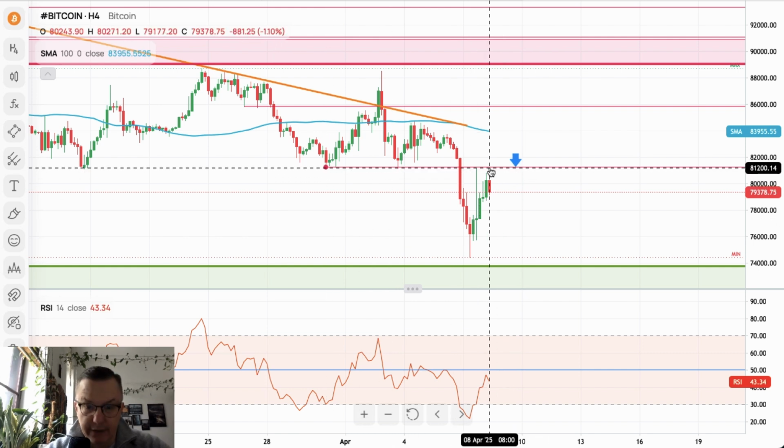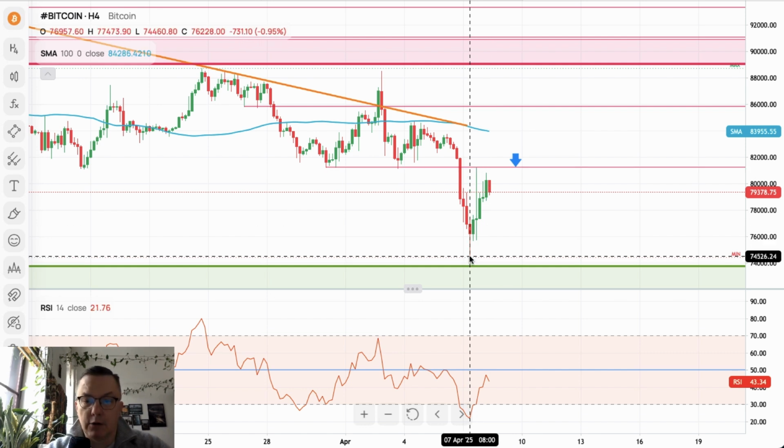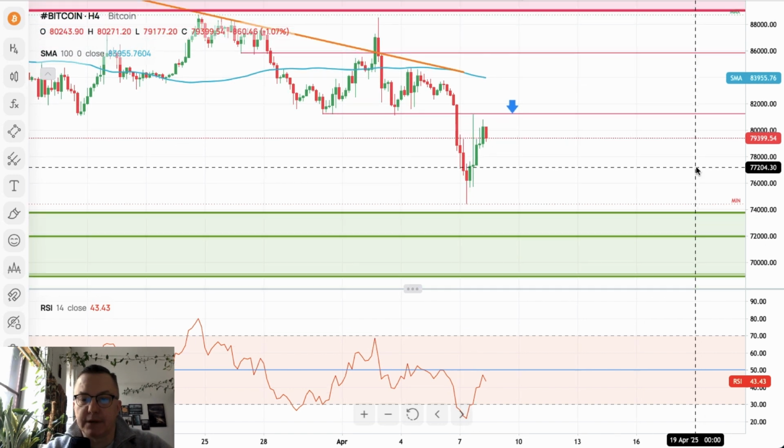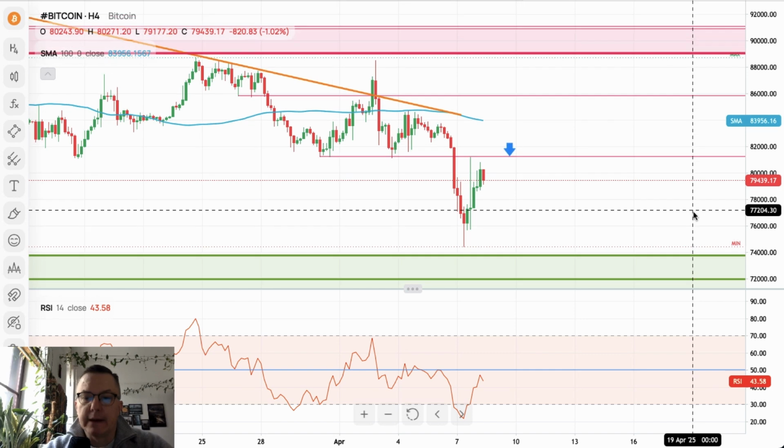So very important level, we know what it is. Local low and swing low 74,460, just above the extremely important technical support and the rest of the demand zone, long-term price changer, game changer for Bitcoin.